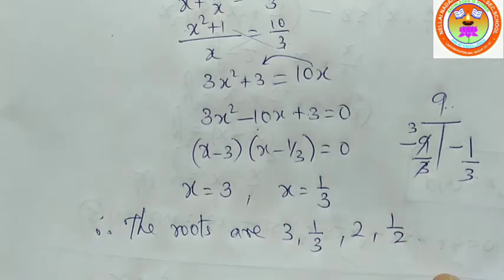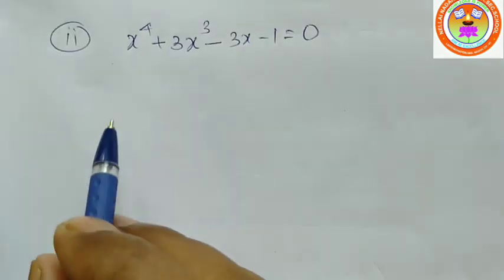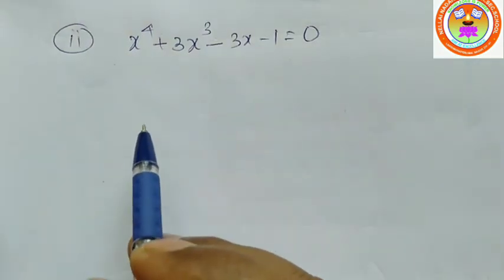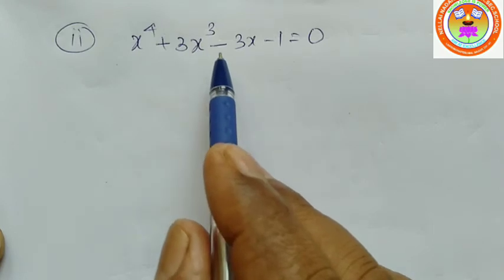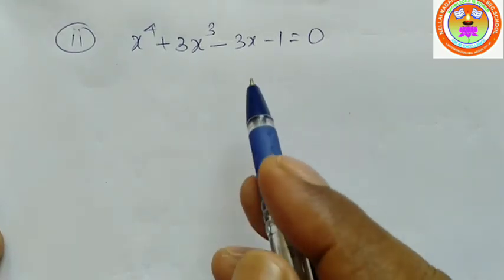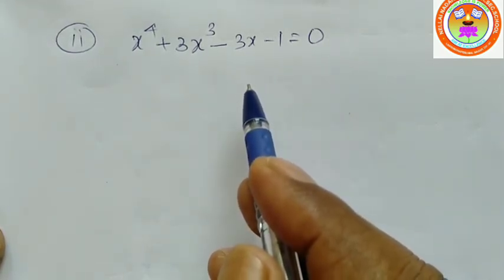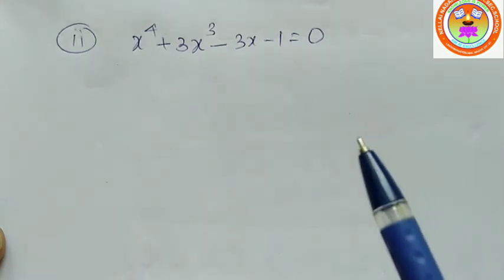Now we can move on to the next subdivision, subdivision 2. See the second subdivision. Solve x raised to 4 plus 3x cube minus 3x minus 1 equal to 0. We can solve this in a simple way.